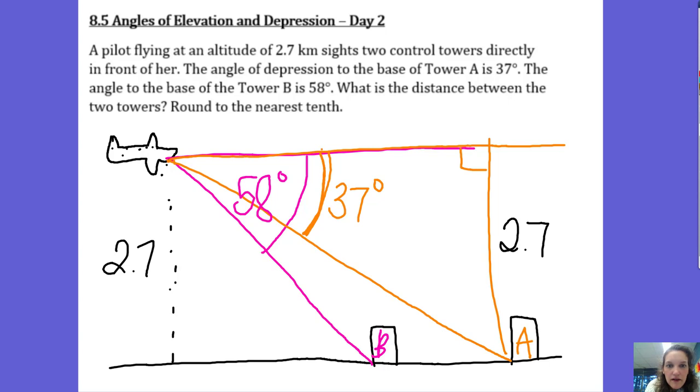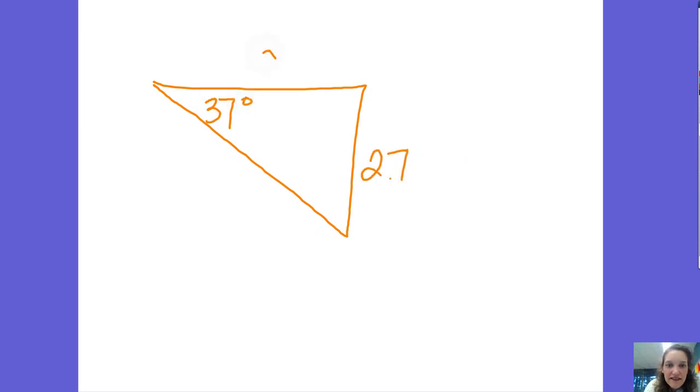And so now I'm going to find this distance, A. So I'm going to redraw that triangle over here. This is 37 degrees. This is 2.7. And this is A.